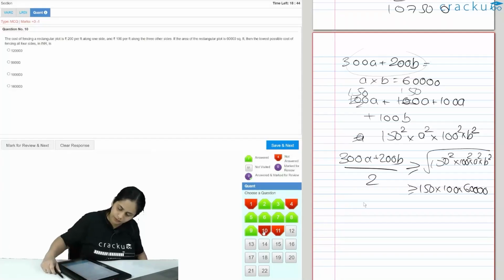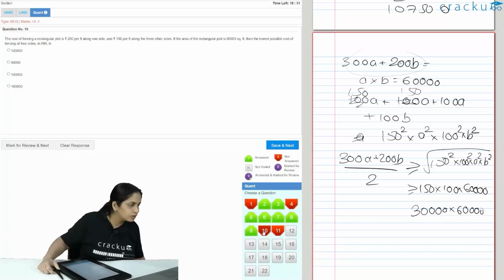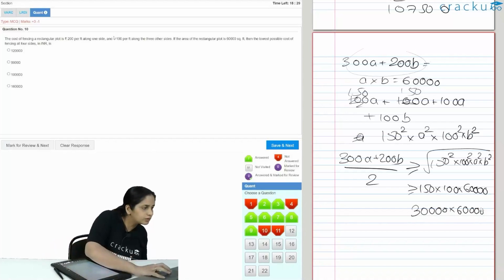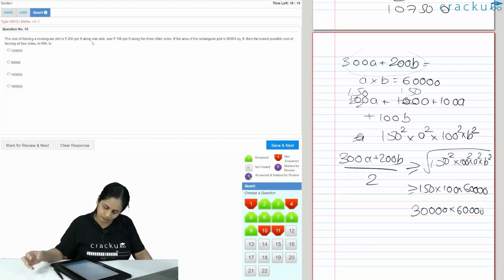So the lowest limit is basically, so this is 15,000, so this is 30,000 into 60,000, so this would be 18,000 something, and then the lowest possible 36,000, I don't know.